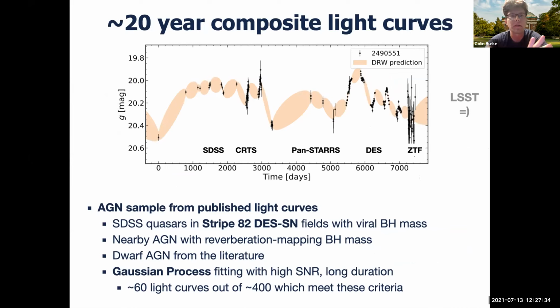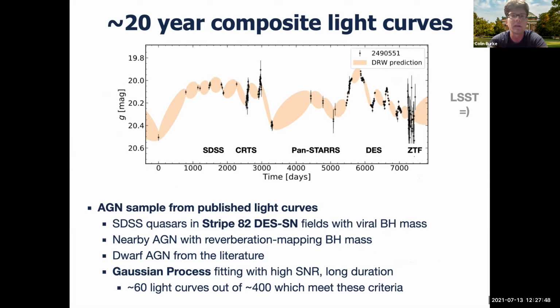Most of our objects are 20-year-long light curves from a variety of surveys going back to SDSS, and including, importantly, the Dark Energy Survey supernova fields, which are higher cadence fields, monitored with a cadence of about a week. So that really helps constrain the variability on shorter timescales, and the 20-year length allows us to have a long enough duration to measure this timescale, even for massive quasars.